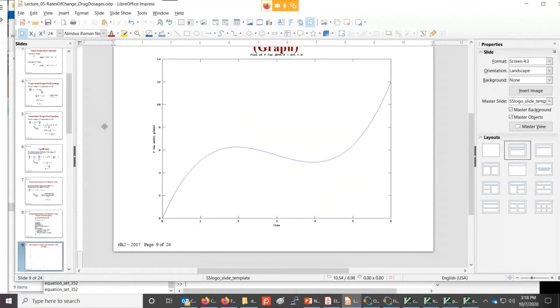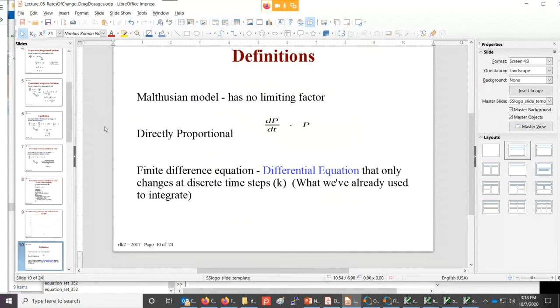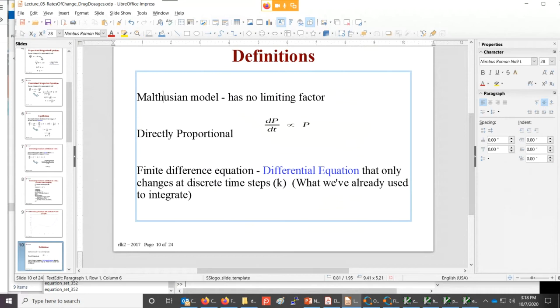Okay, so that's kind of what's going on here. And here's the graph for that particular code. This is the Malthusian model for population growth, where it's basically saying that the population growth is proportional to the current population.